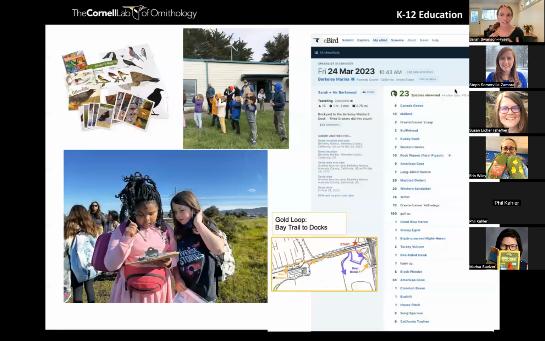Each year we would kick off this unit of study by taking a trip to the Nature Center and participating in a formal field trip there, where the Berkeley Marina staff, including the director and local volunteers, would teach the kids about local birds and birds in general. And we would do our first bird walk and first count with those folks.